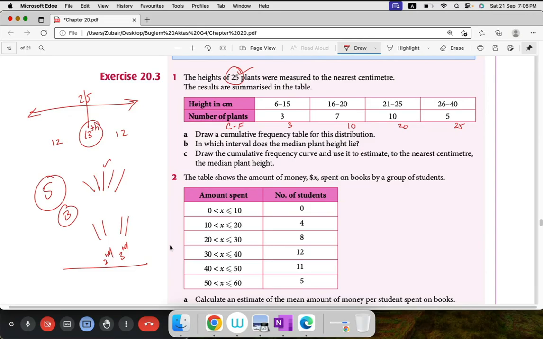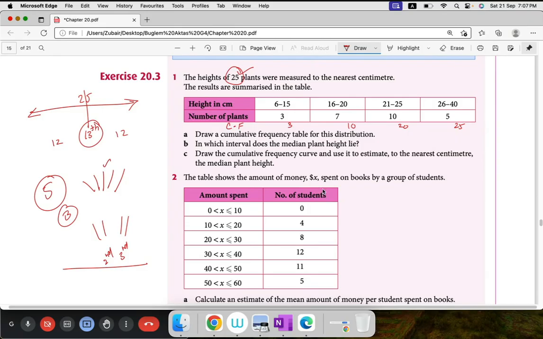If I say 51, when I do 51 by 2, I'm getting 25.5, which tells me it is the mid of the 25th and 26th number. That has to be the median. Yes, that is the middle number.